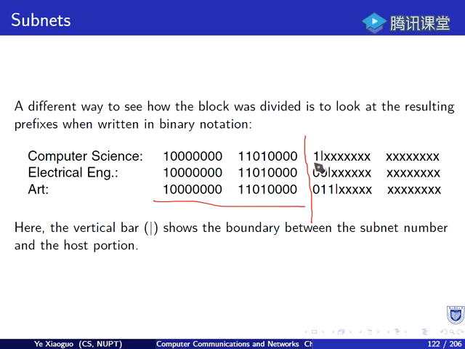And they are split up into three pieces. Here set 0 for the CS department. Set 00 for the EE department.